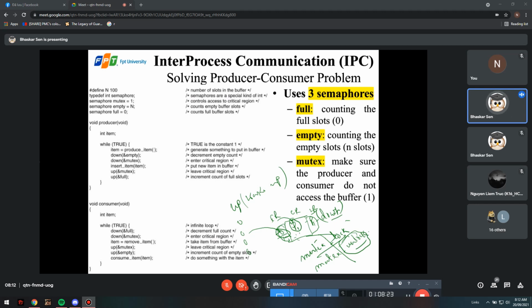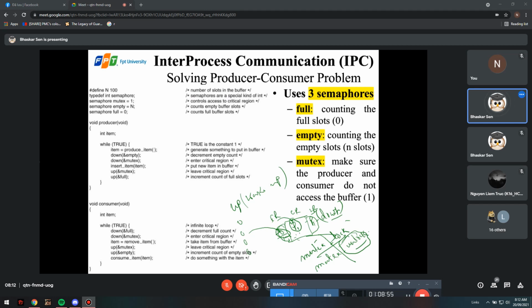So these two things work together to ensure mutual exclusion is enforced. Up, down. So that is exactly what they do.